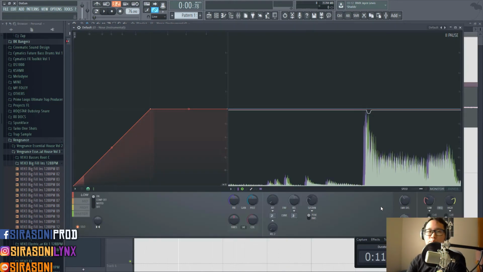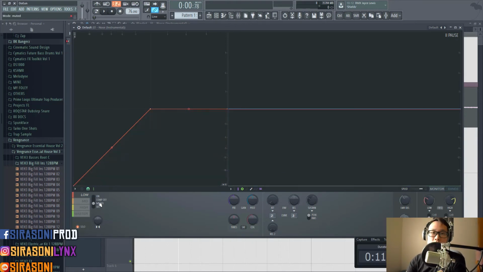All right, low, mid, high delay, whatever it's called here. And then you have these settings where you get compressor off, muted, off. Just mess around with it. Compressor off means it's bypassed.